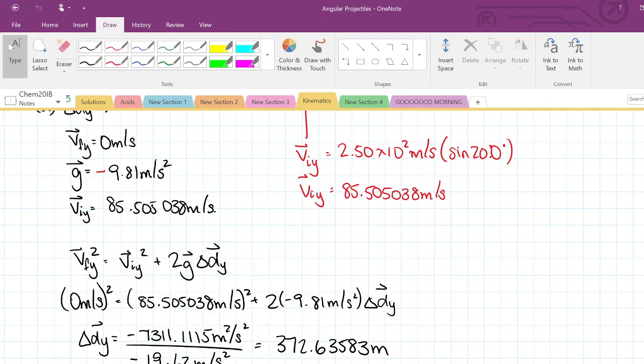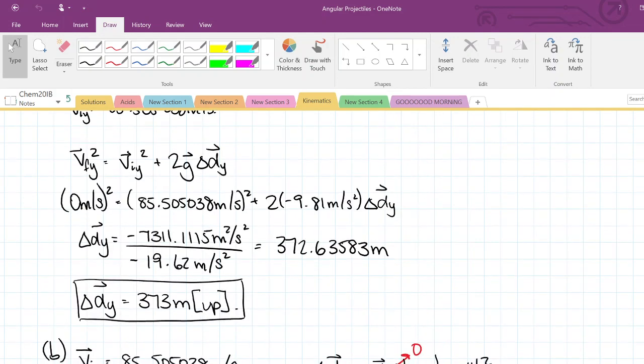So I've got 0 meters per second squared equals 85.505038 meters per second squared plus 2 times minus 9.81 meters per second squared times displacement in the y direction. If I rearrange, in the y direction the knight is going to displace itself 373 meters up. That's the displacement of the knight when he reaches his max height.